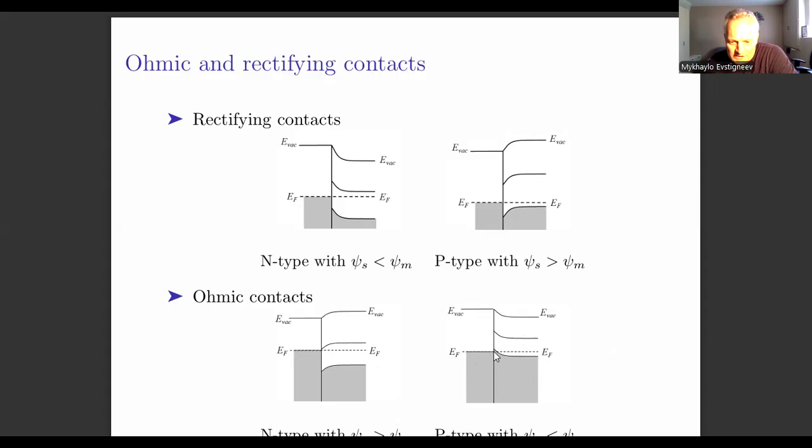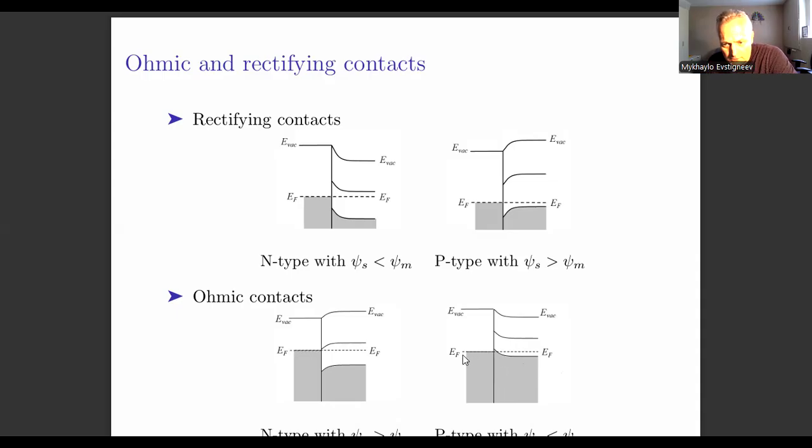So you can have a situation when the semiconductor valence band is actually degenerate near the interface, like in this diagram. It's okay, it is possible. There is nothing unphysical about it. So the Fermi energy may end up within one of the bands, like the valence band in this case, due to the difference between the metal and the semiconductor work functions.